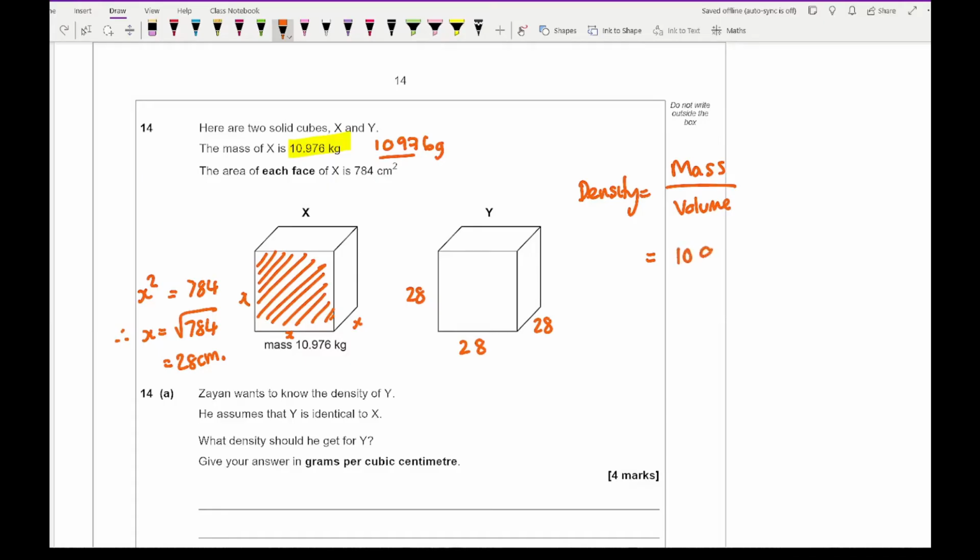So 10,976 grams divided by 28 times 28 times 28, and that's in centimeters cubed. If I work that all out on my calculator, I get 10,976 divided by 21,952, and that comes up to an answer of 0.5 grams per centimeter cubed.